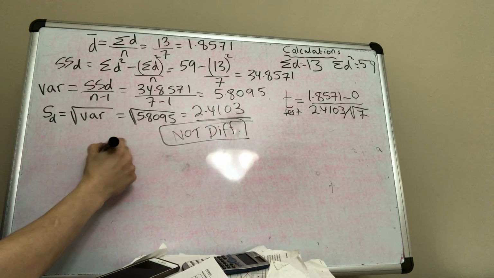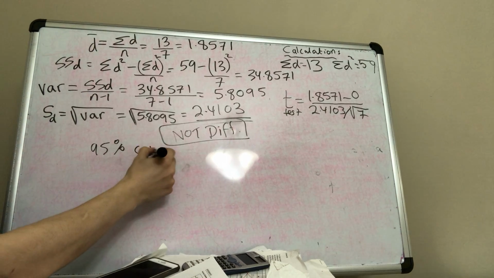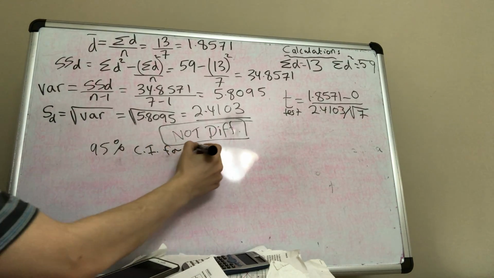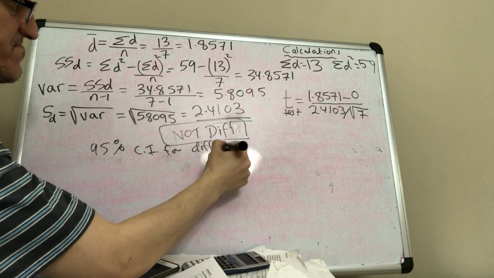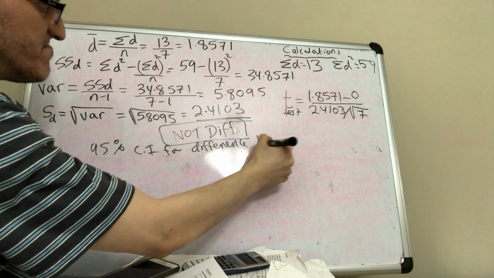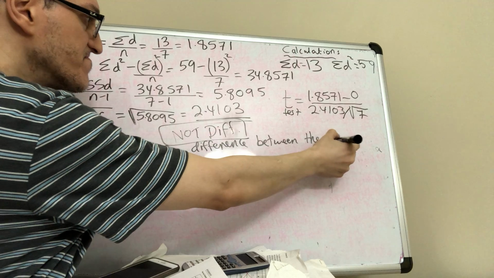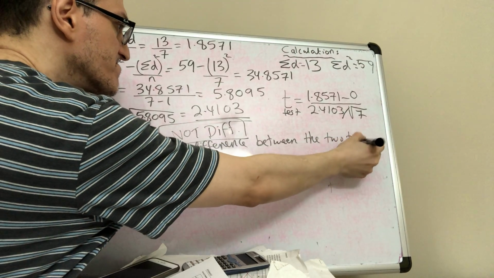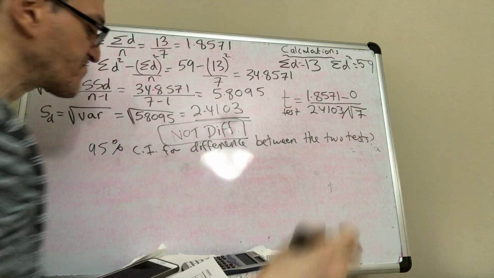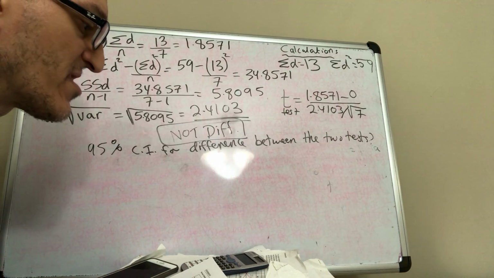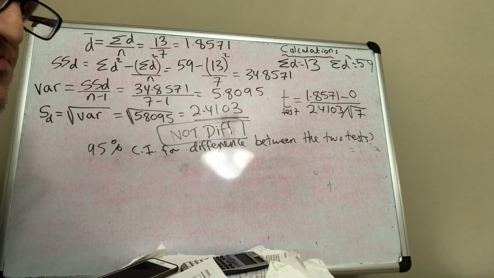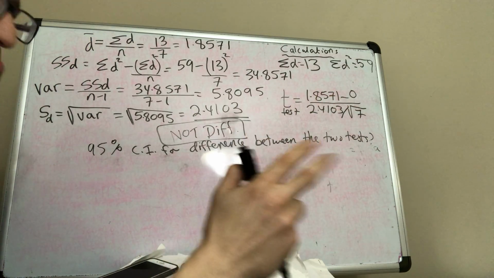So I'm going to do a 95% confidence interval for the difference between the two tests. We know it's a dependent system. We figured this out. It's one group performing two tests.